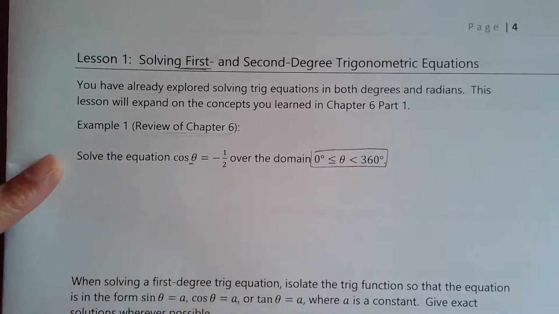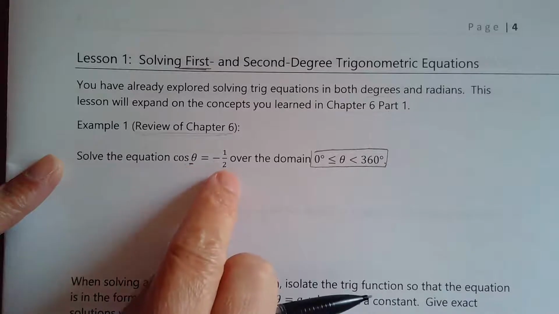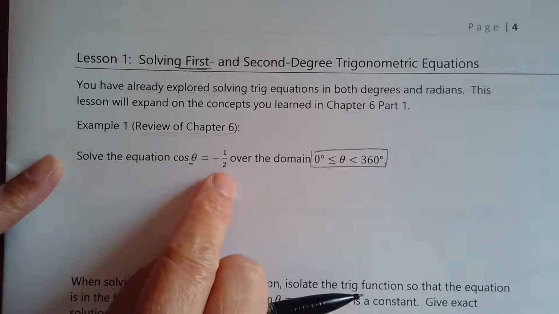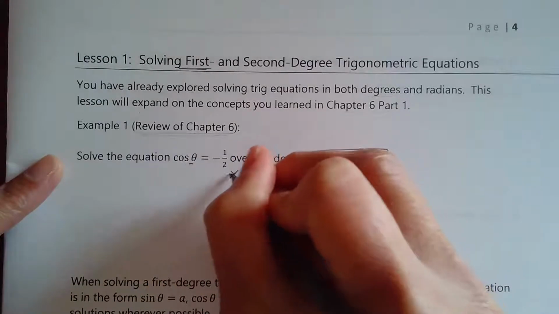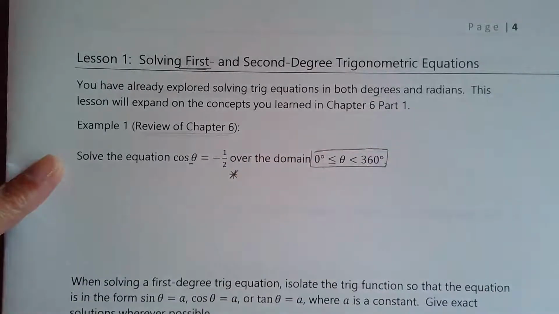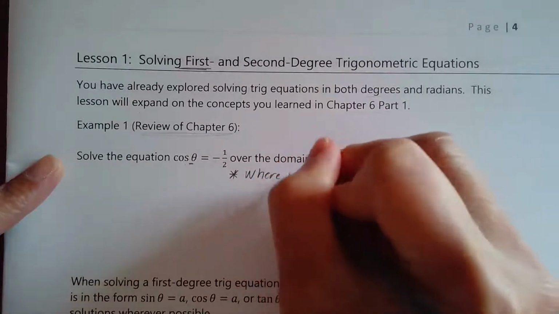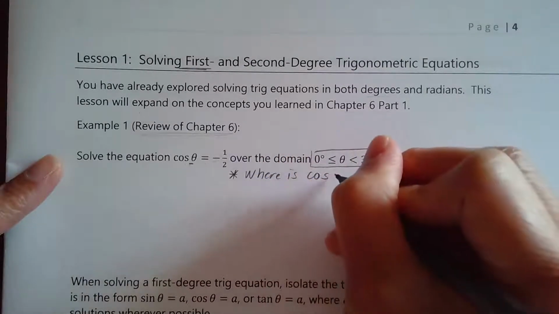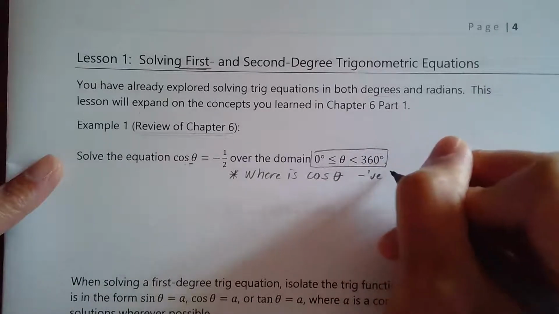So how do we figure this out? Cos of what angle will give us a negative 1/2? First, let's ask ourselves, where is cosine of the angle negative?